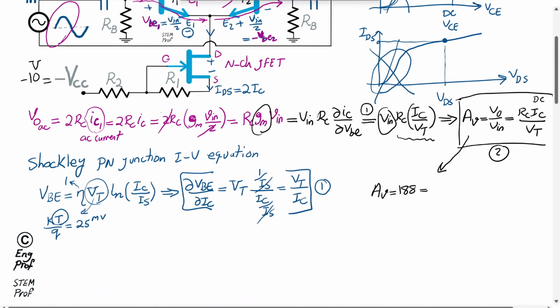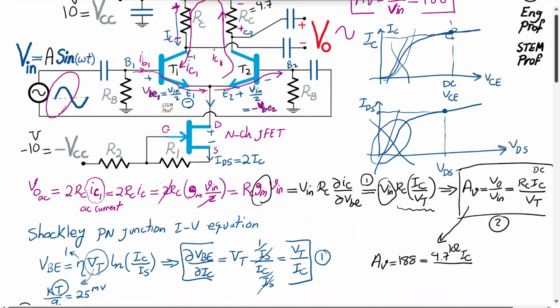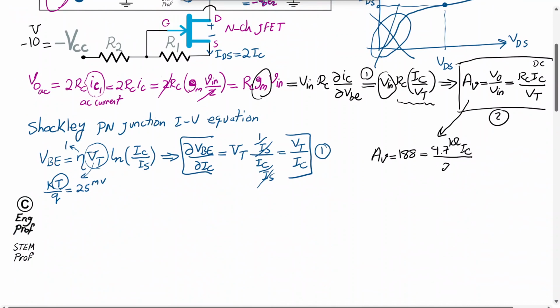So I get 188 equal to 4.7 kilo ohm times Ic, the DC current of the bipolar junction transistor that I need to figure out, divided by the thermal voltage at room temperature, so 25 millivolt. This ends up being Ic equal to roughly 1 milliamp.